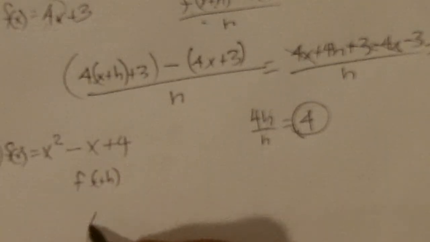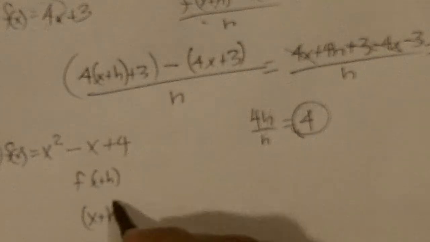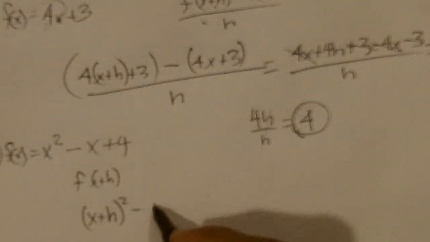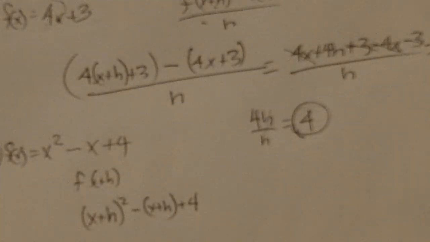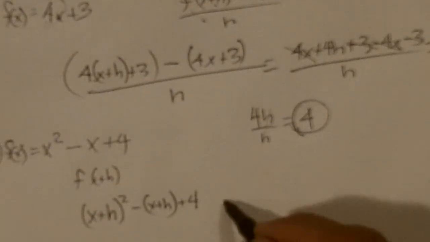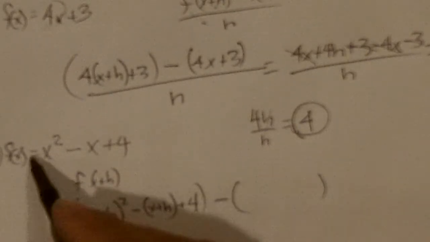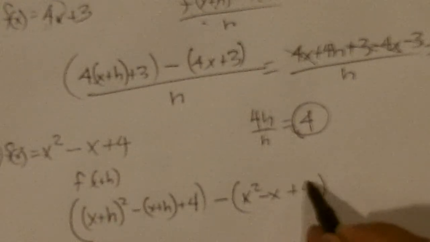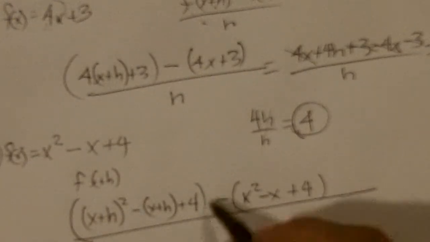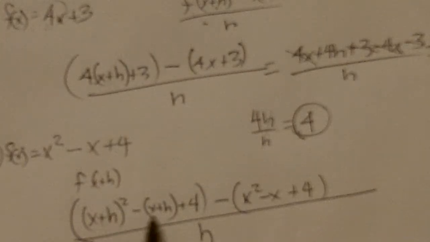So that's x plus h squared minus x plus h, in place of the x, plus 4. There's f of x plus h. Minus f of x. Well, that's x squared minus x plus 4, over h. F of x plus h minus f of x over h.